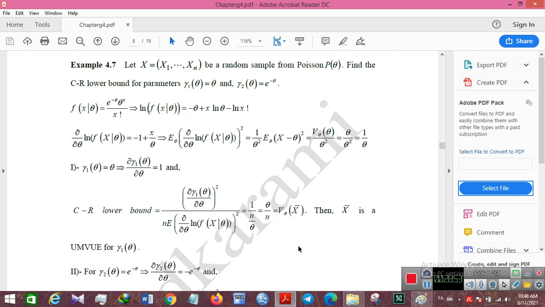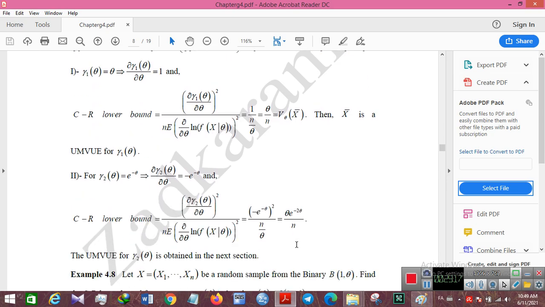So X bar is an unbiased estimator of θ, and the variance of X bar is equal to the Cramér-Rao lower bound. So every unbiased estimator of θ has variance greater than or equal to the variance of X bar, so X bar is the UMVUE of γ1(θ).